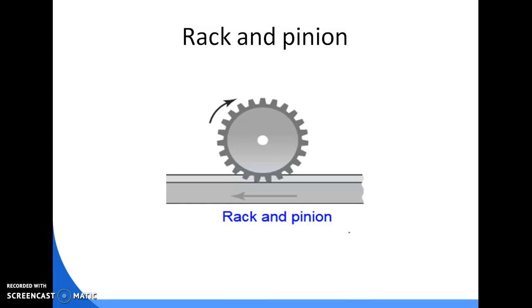Here we can see the rack and pinion, that is, the rack is the linear part and the pinion is the rotational part, that is this gear. By this mechanism, the rotary motion is converted into linear motion.